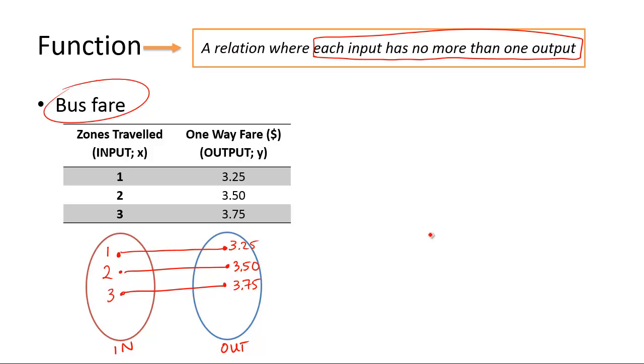In fact, it is definitely a function because there is a generalization to be made for 1 zone and for 2 zones and for 3 zones. There is one answer for every input. So you can also say there is one unique answer to each input.